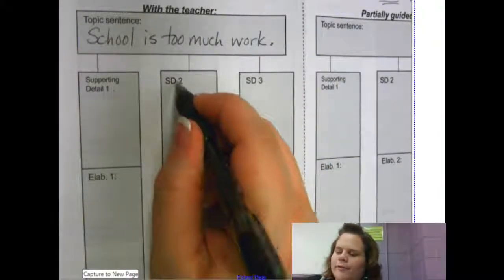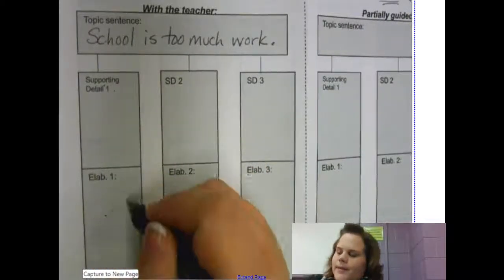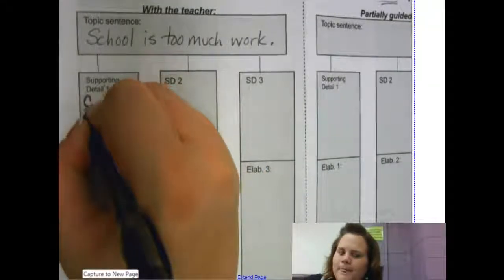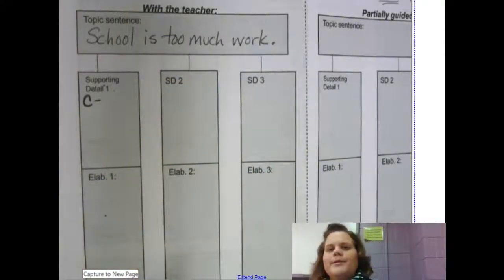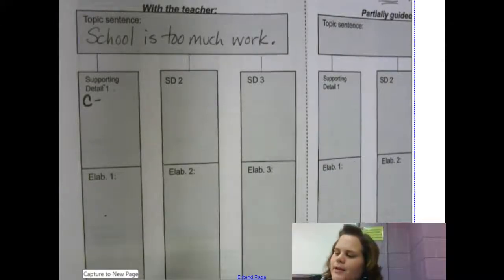And if that means you clarify first and then give an example, then that's okay. So I'm going to label this a C to clarify, and I want you to, from now on, just try to make a mental note what type of elaboration you're doing.